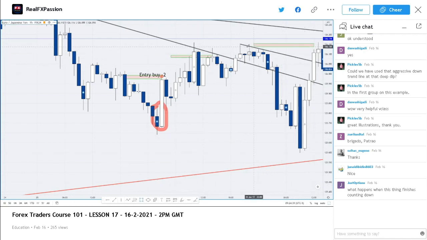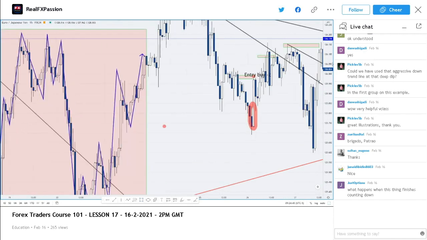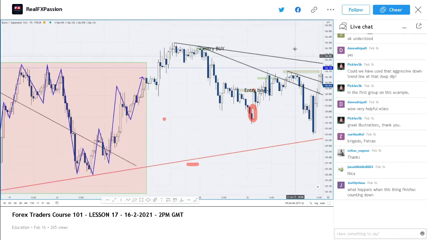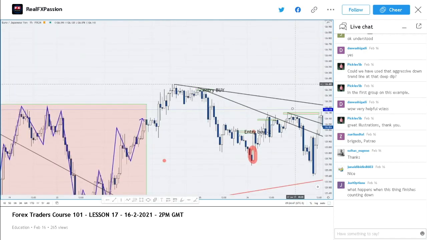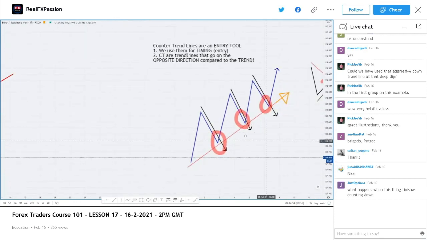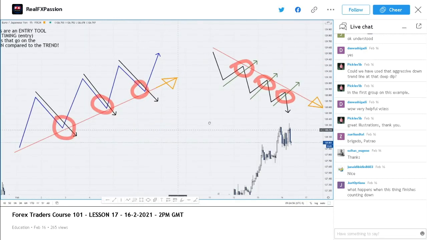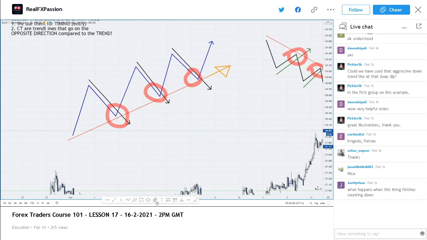Now, everybody, I'm not saying that you should enter on every counter trend line, okay? But what I'm trying to show is, whoops, I'm messing with the trade. I'm trying to show you how it looks. So this is theory, okay? I'm trying to show you how it works in the live market.